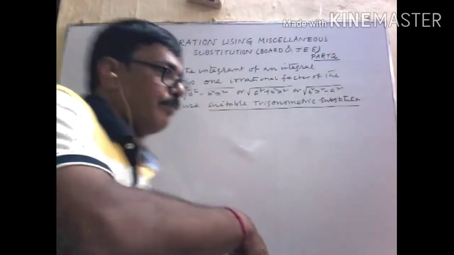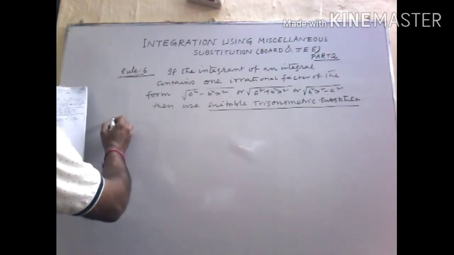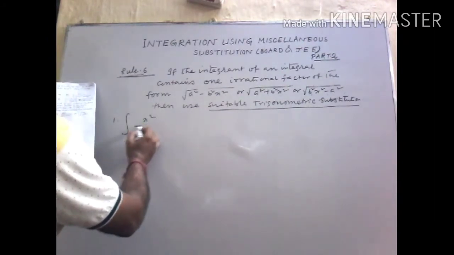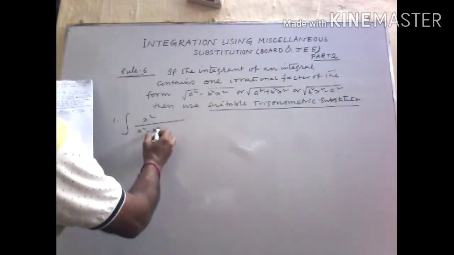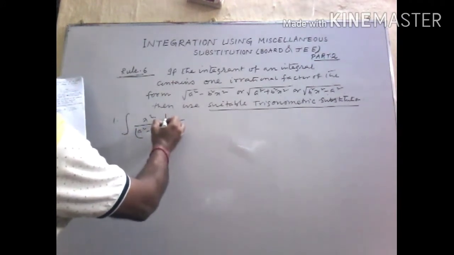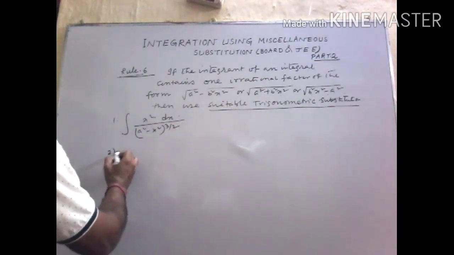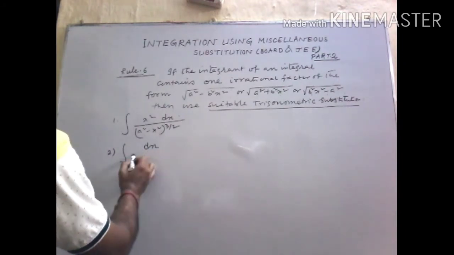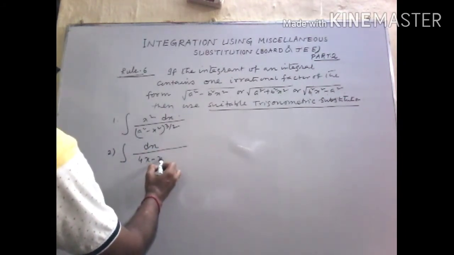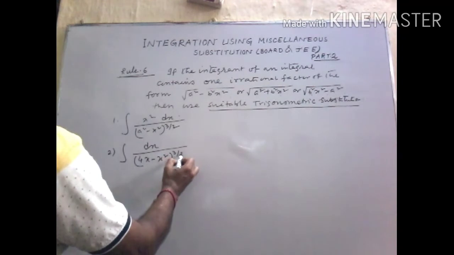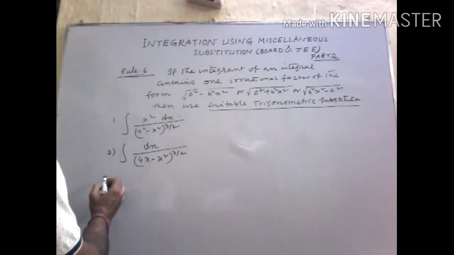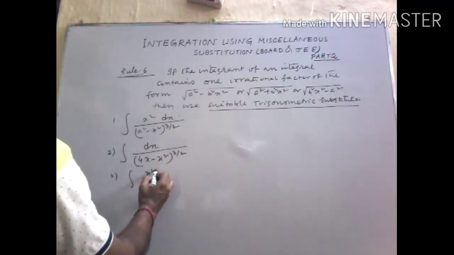So solve some problems. Write: number 1, x square by a square minus x square whole to the power 3 by 2 dx. Number 2, dx by 4x minus x square whole to the power 3 by 2.